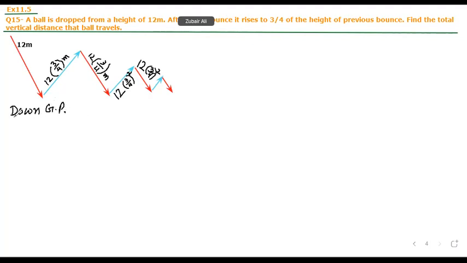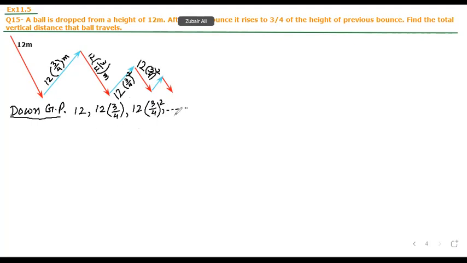So I'm writing here down GP. The down GP will be like 12, comma, and then 12 into 3 upon 4, and then the third term should be 12 into 3 upon 4 square, and so on. So first we find the total distance traveled for this GP.